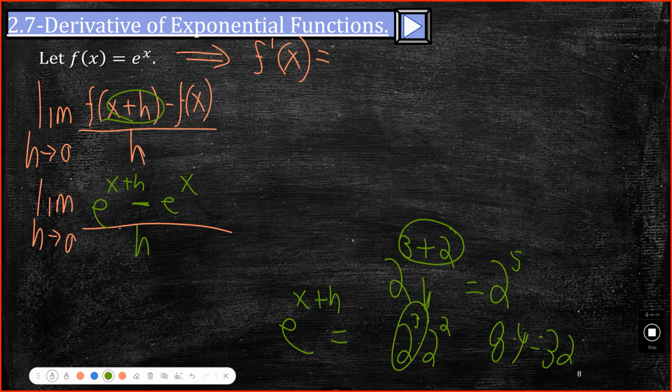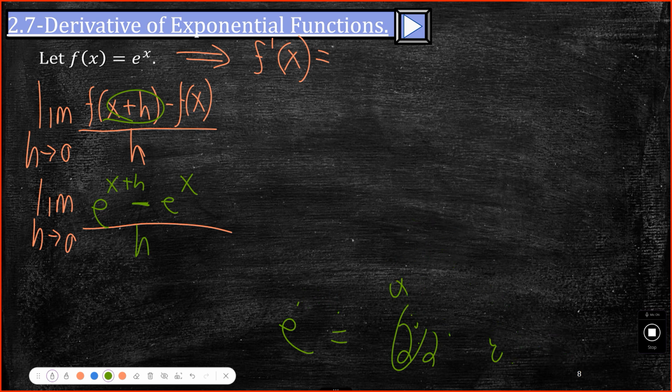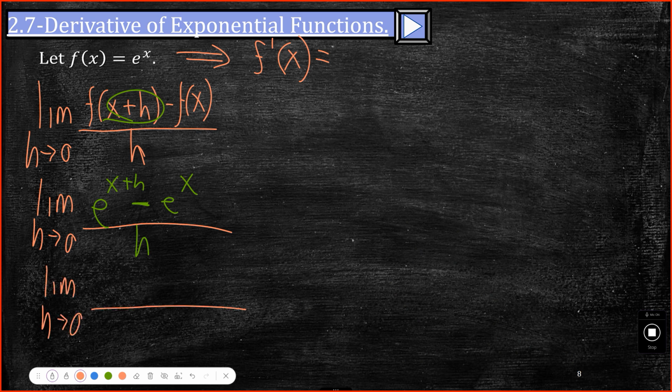So we can separate the limit as h approaches 0 of e to the x times e to the h minus e to the x over h, which is going to be equal to the limit as h approaches 0. What can I do at the top?